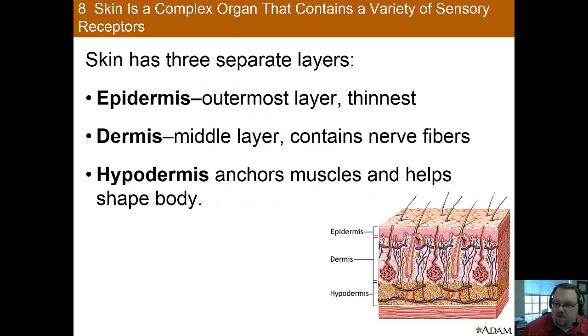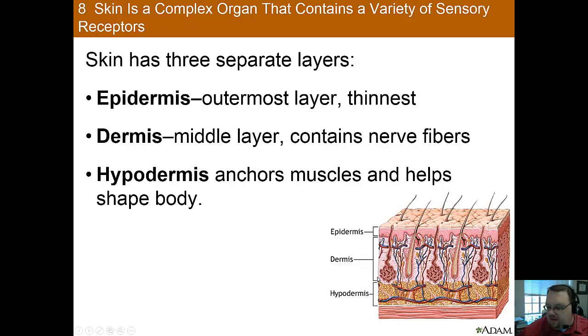So now we're moving back to the sensory system of touch. And with this, it's important to know, as many of you will remember from old classes, that skin has three separate layers that you need to know about. You have the epidermis, the outermost layer, and that's the thinnest layer.